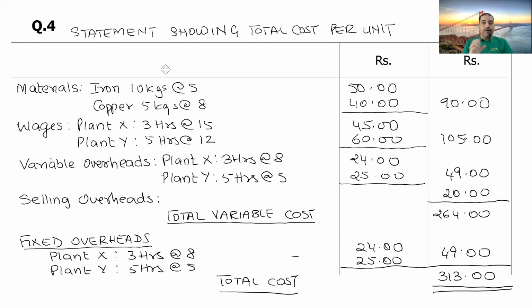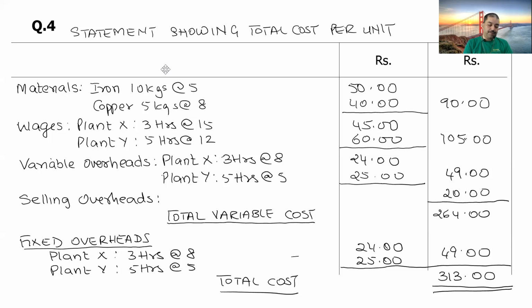First objective, to recover variable cost. Second objective, to recover fixed cost. So that means minimum price. Again, they are asking you minimum price, not maximum price. So the minimum price which you are willing to sell at is the total cost. Otherwise, you will not be able to survive the business.